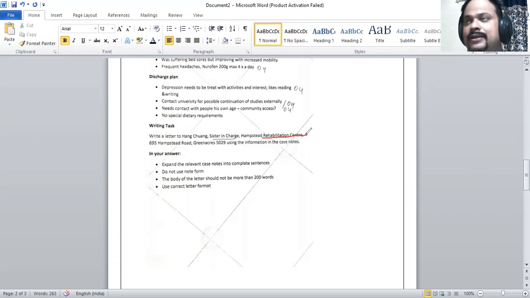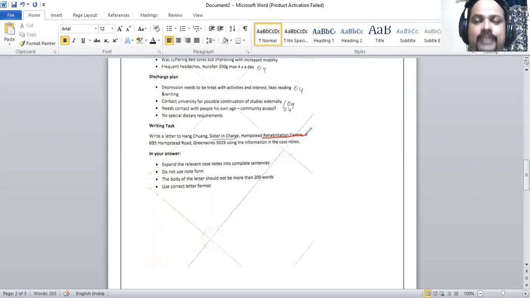If you are writing to the sister in charge of a rehabilitation center, naturally, rationally, you have to give an outline of the patient who is coming, his condition, his specific requirements, and how long he has to stay there in the rehabilitation center.